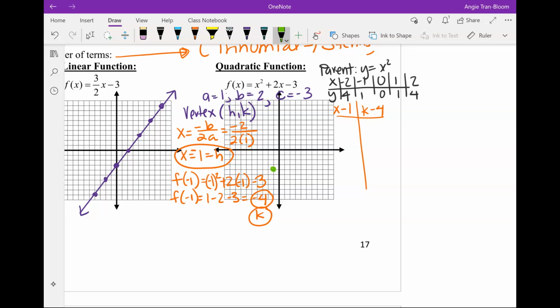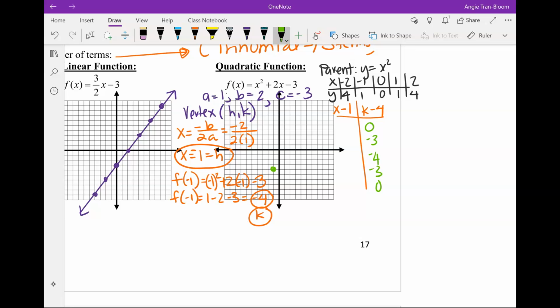So Tyler, give me the 5 new outputs when you're ready. 0, -3, -4, -3, 0. The first output is 0, right? And then what's the next one? -3, -4, good, okay. Anyone disagree? How about inputs?